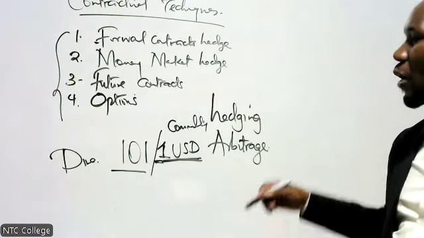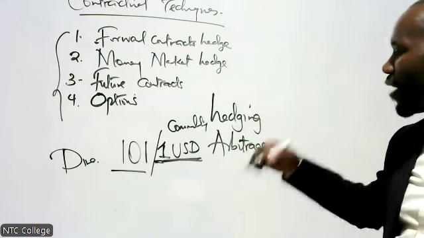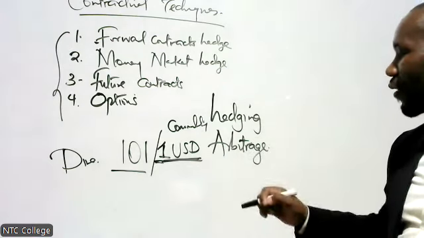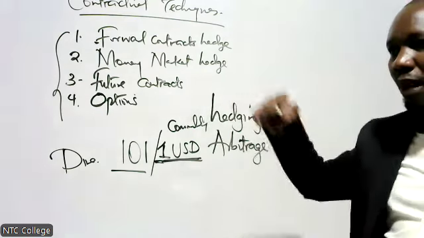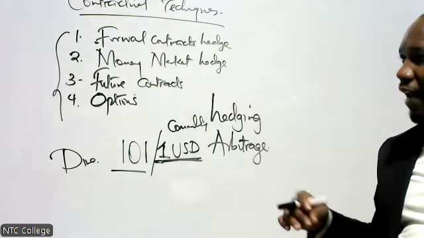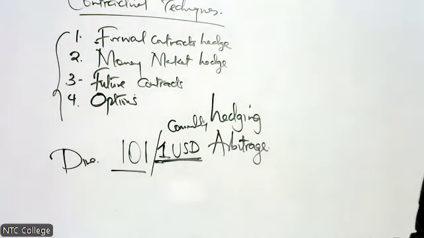So predetermined, we determine it in advance. We agreed on it in advance now, but we shall use it in the future. That is why we call it forward rate. But we are deciding on the rate now. So it is a legally binding agreement to buy or sell a specific quantity of a specified currency at a future date at a predetermined exchange rate.